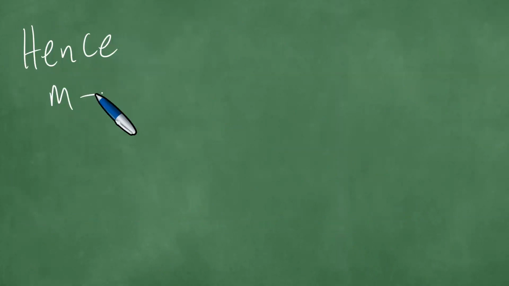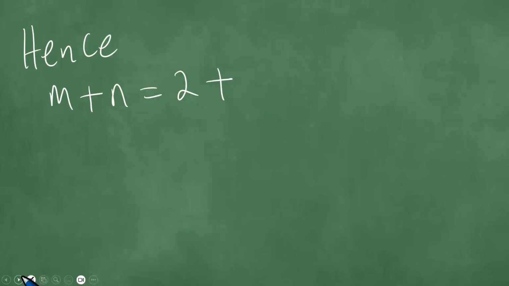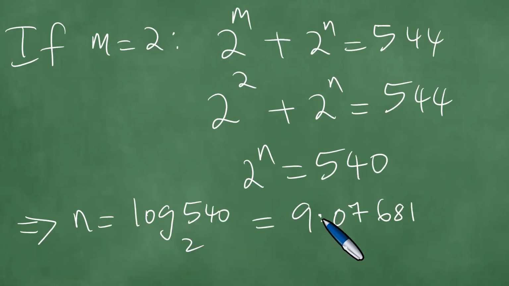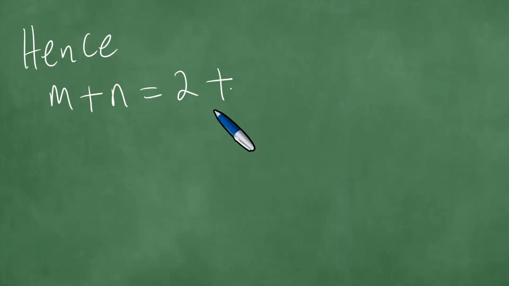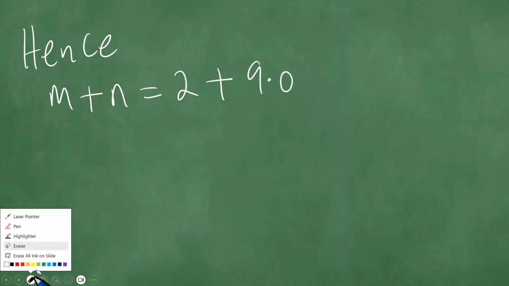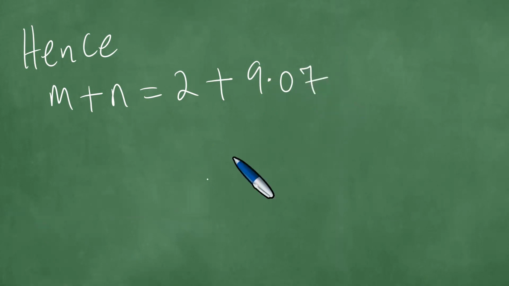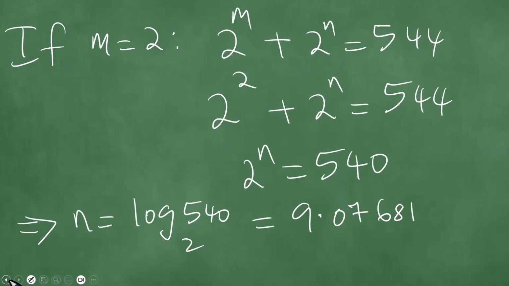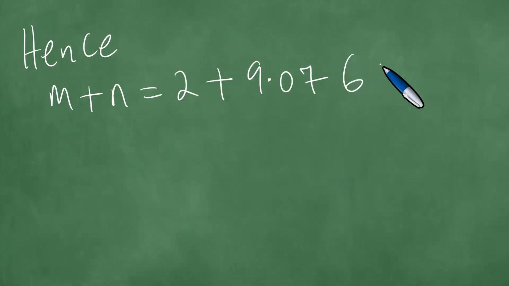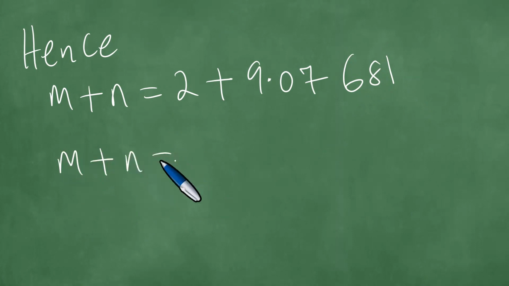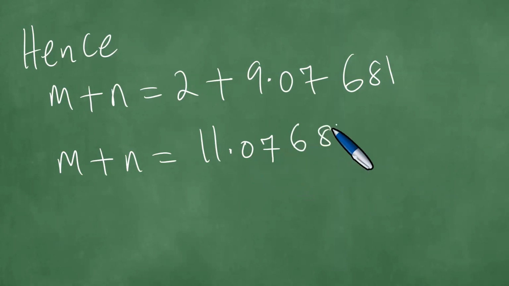So this becomes the value of n, and hence we obtain the sum of m plus n, where m is 2 plus 9.07681. You add these two things, which means m plus n is 11.07681.